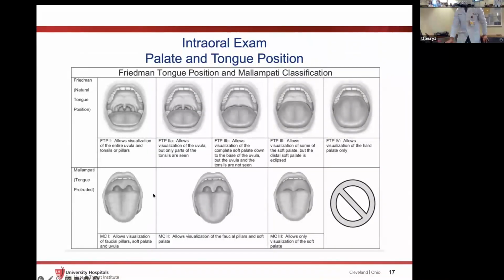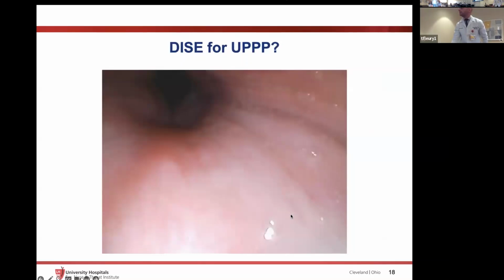And then also the tongue, where it's protruded, that's the Mallampati, how much you have visualization of the pillars and so on. So we use this. And why is this important? Let me just show you in UPPP how this works.